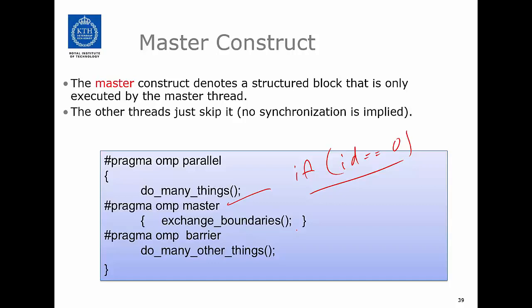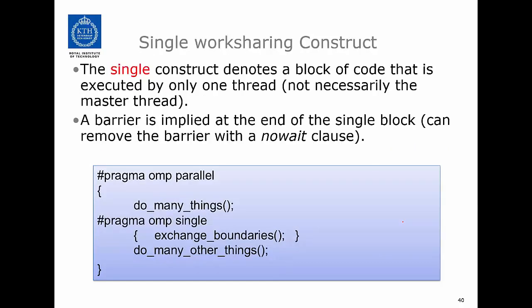So the master thread will execute this, the others will not. There is no barrier here, so if you need the other threads to wait for the master to finish, you need to explicitly insert a barrier like this. No synchronization implied.